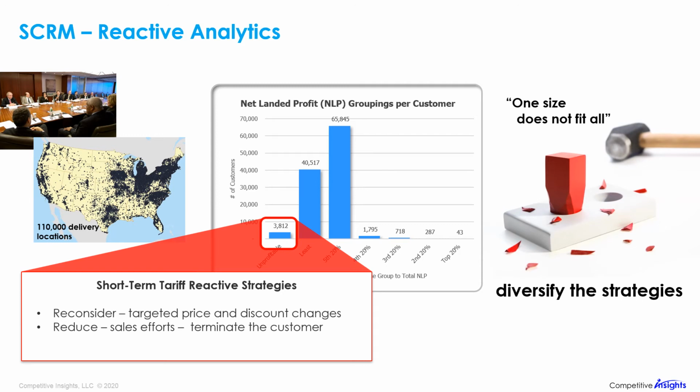So again, diversifying the strategies associated with having information around customers and products is vital when thinking about creating reactive analytics that give you the ability to thrive in a supply chain disruption.